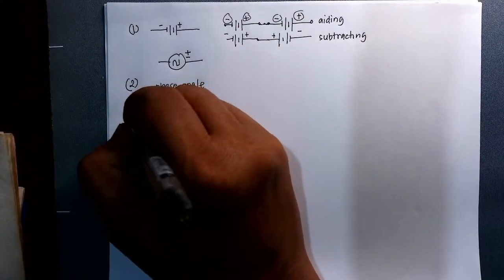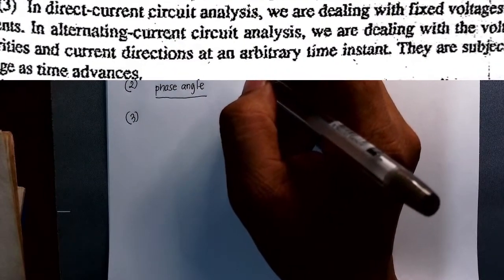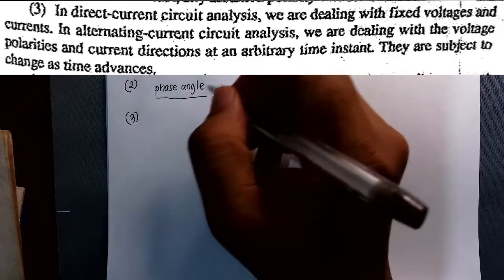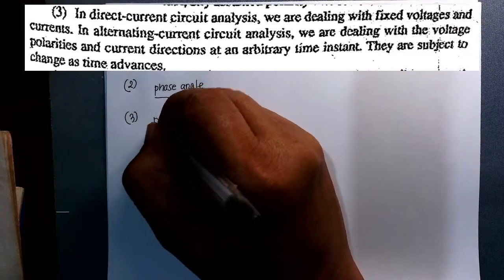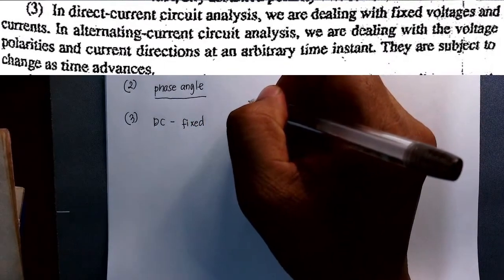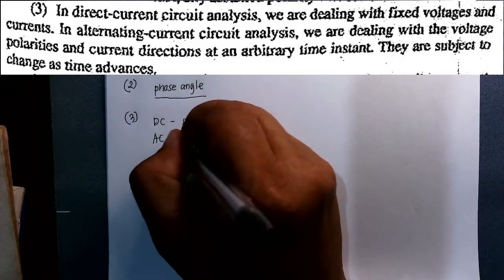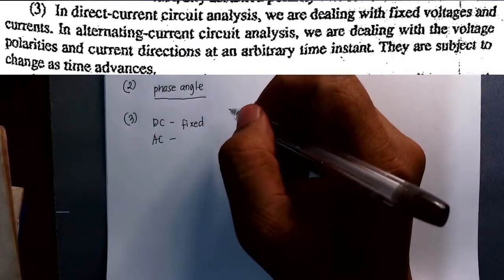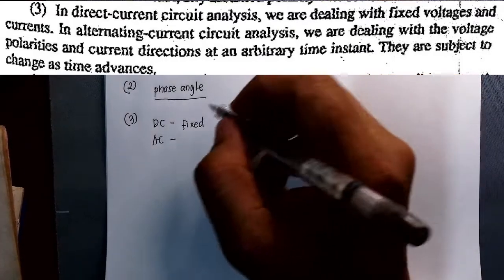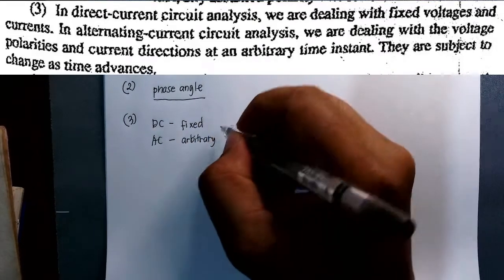And number 3 that we should note is that in direct current circuit analysis, we deal with fixed voltages. So in DC, our voltages are fixed, while in AC, we deal with voltages, polarities, and current directions at an arbitrary time.